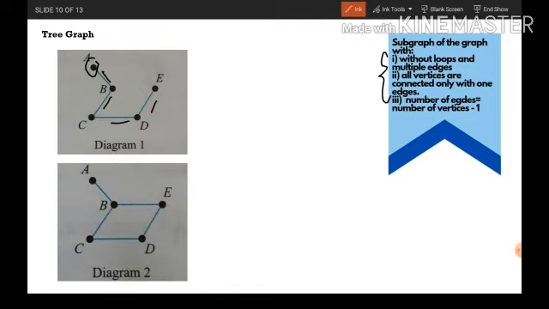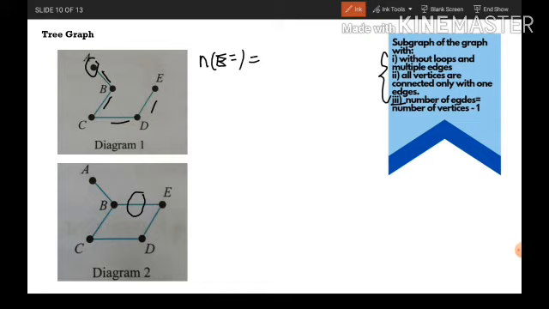Look at this. There is another edges that connected with one vertices. And then the next property is number of edges is equal to number of vertices minus 1.